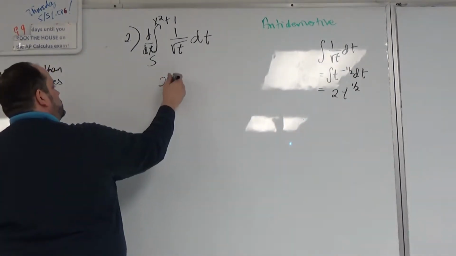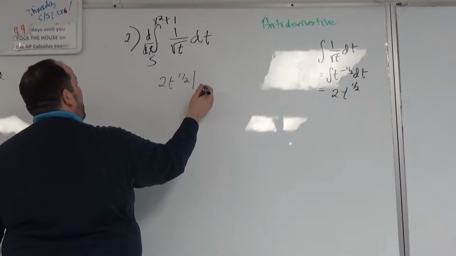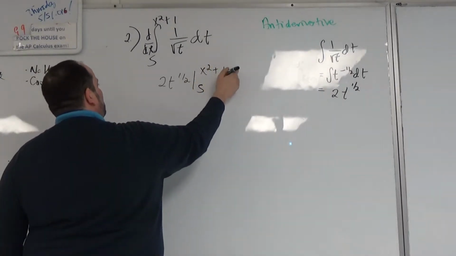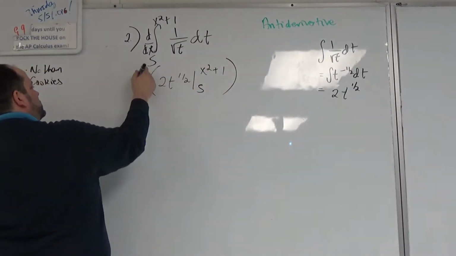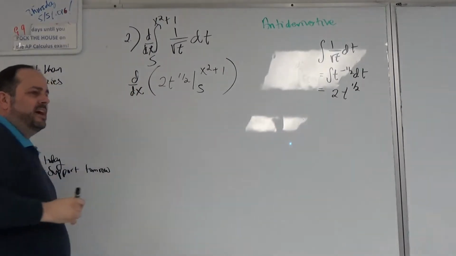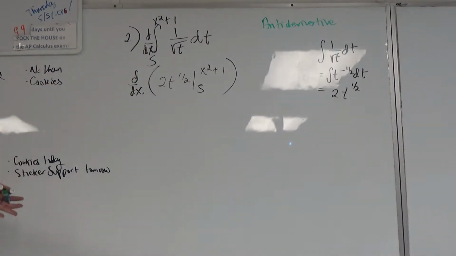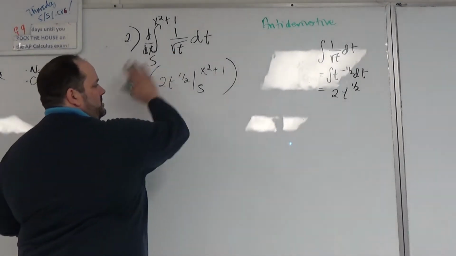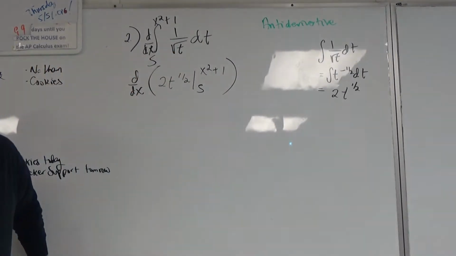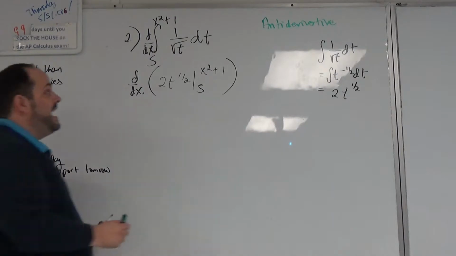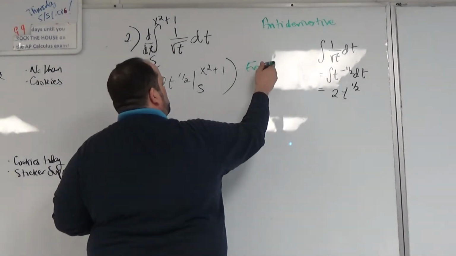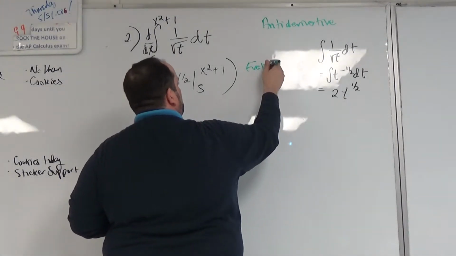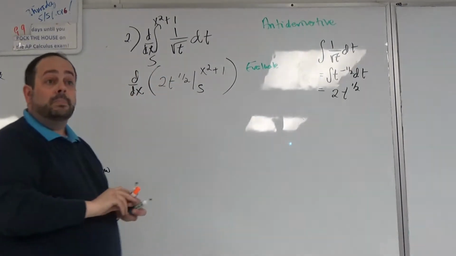So now I've got 2t to the 1/2, and I need to evaluate from 5 to x squared plus 1, and I need to find the derivative. David, what's your next move here? Let the notation, this beautiful notation, be your guide. Evaluate. Perfect. Plug in.